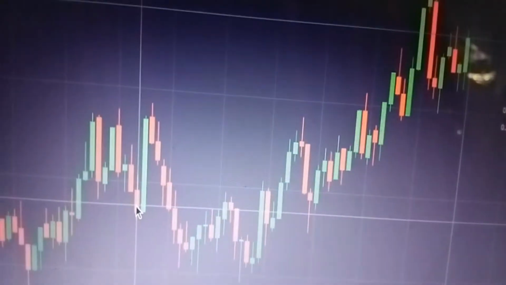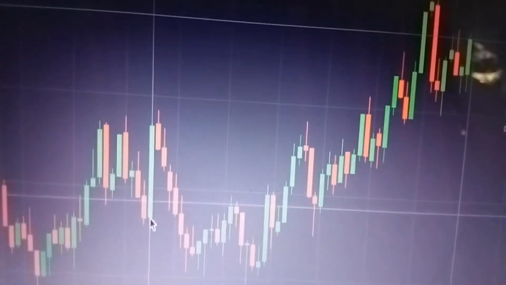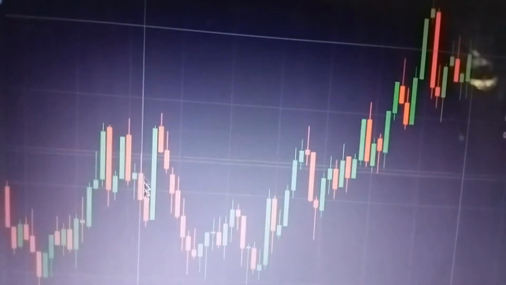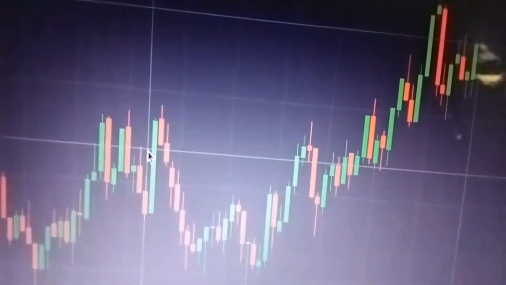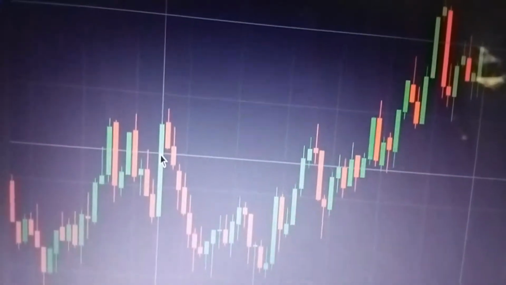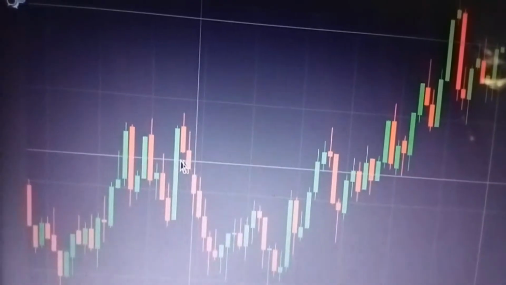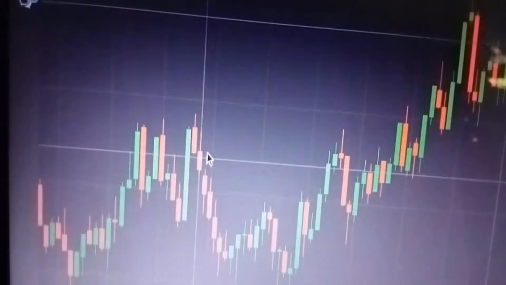So price, after breaking this, we kept pressing higher, okay? We kept pressing higher. When we are bearish, I want the price to stop dead at this optimal trade entry area, this one. Let me use a Fibonacci.